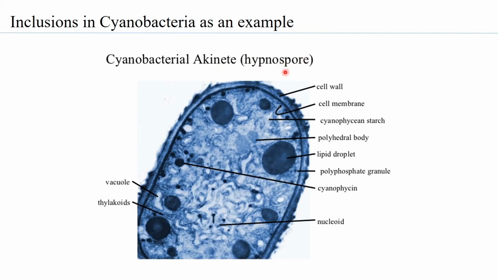So therefore, what happens is that the cyanobacterium akinete, when it is maturing to form the spore, you have basically several different types of inclusions formed inside.